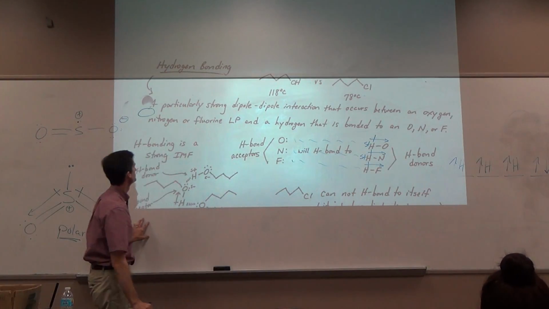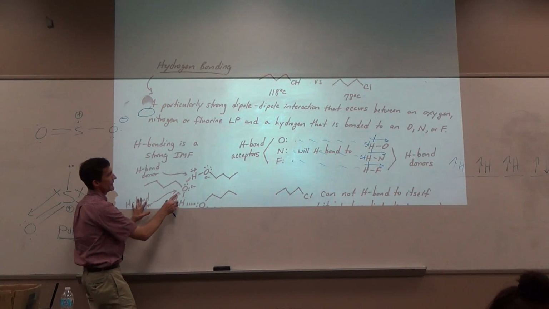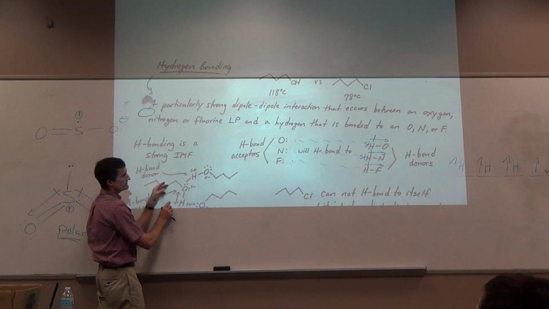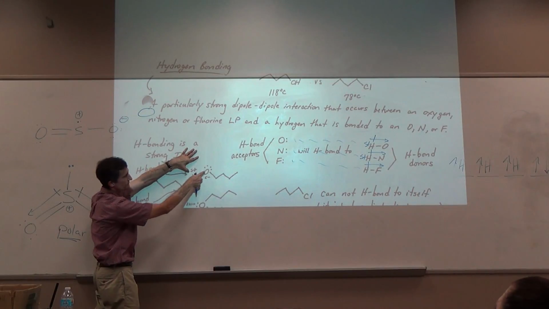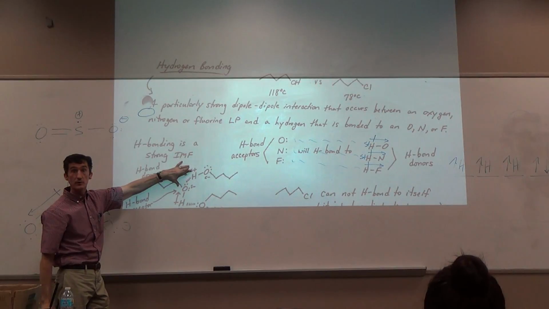Either way. Perhaps best to illustrate it here. If we have our alcohol, which is up there, what is it doing? The oxygen lone pair has an IMF with the H of another molecule. That looks like a dipole-dipole interaction.